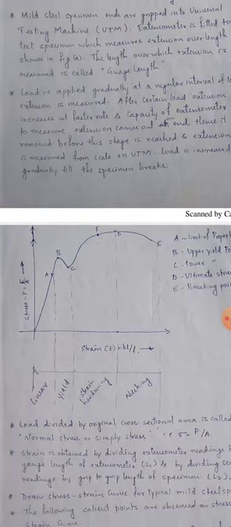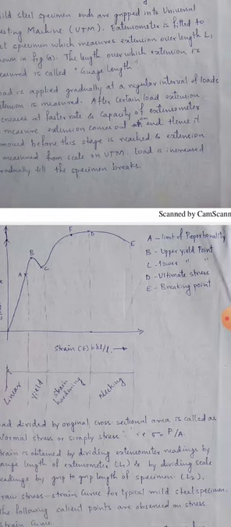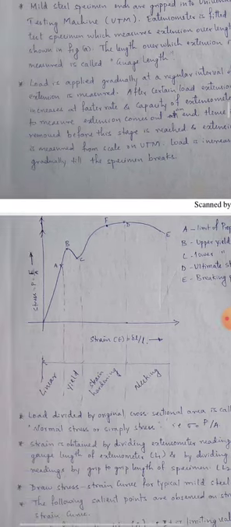Point A is where the variation is linear, that is the limit of proportionality. B is the upper yield point, C is the lower yield point, D is the ultimate stress, and E is the breaking point. The region from origin O to A is linear, and the region between A and C is called the yield region.